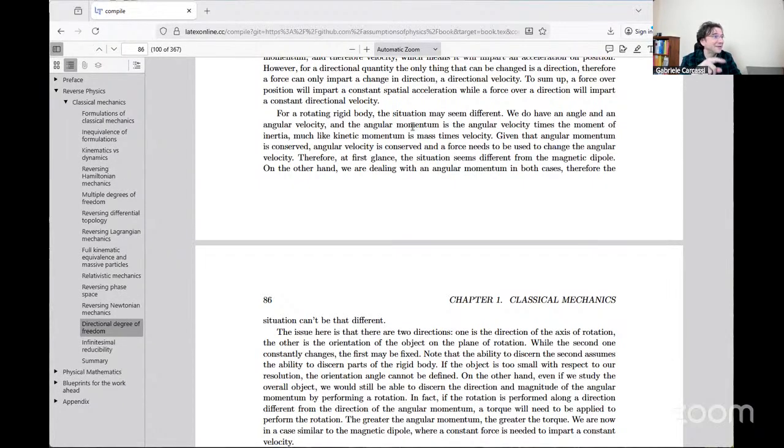So in the case where your direction is an actual angular momentum, then you do have something that is rotating. But in the case where your directional quantity is like spin, is there something rotating? I don't really know, but it doesn't really matter. What you can do is that you have spin, right?